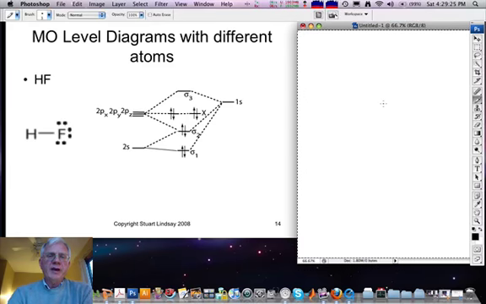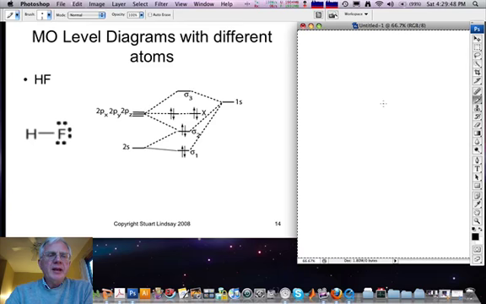What about some of the heteronuclear molecules? Well, in this case, the formation of molecular orbitals and the filling of those orbitals is complicated by the fact that now the partners in the bonding have different energies, and therefore the orbitals that are formed have a different character.